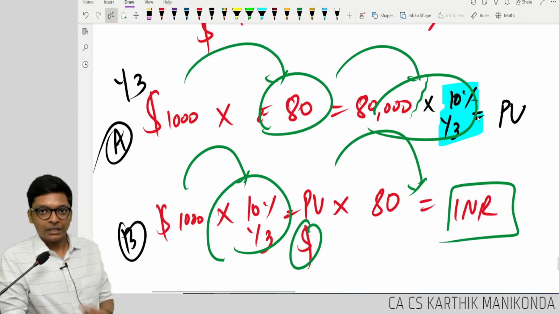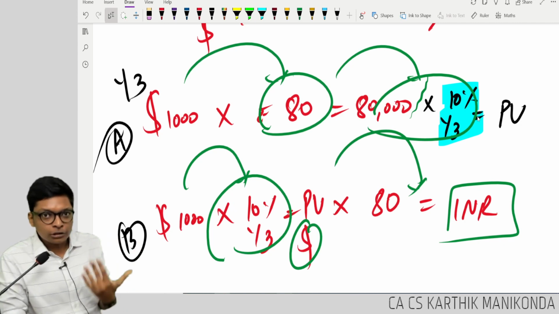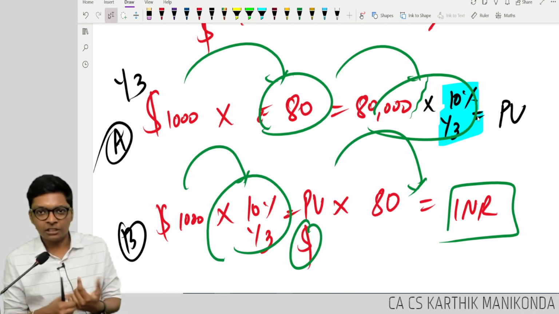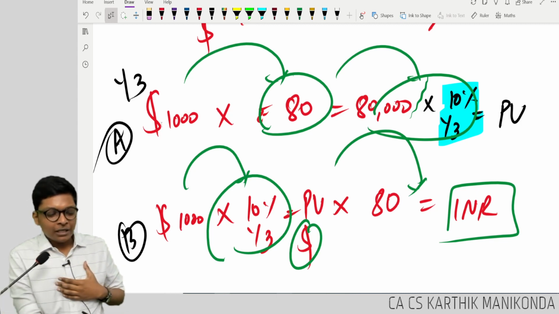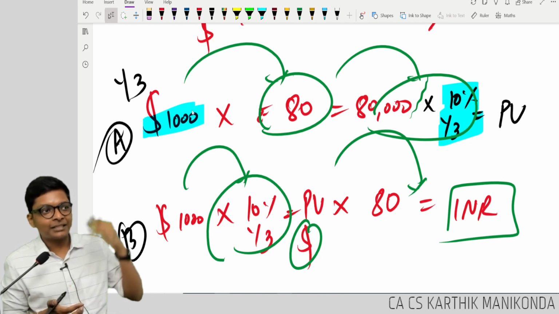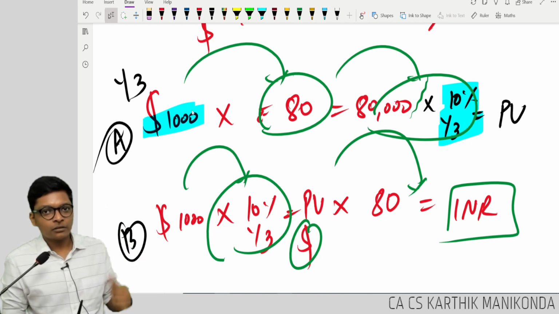Risk. Inflation along with the risk of me receiving that cash flow and time value of money. In simple terms, this dollar is coming in which currency? Which country? Africa. So I should use the inflation rate and time value of money of that country, not the Indian rate. So which method, guys?